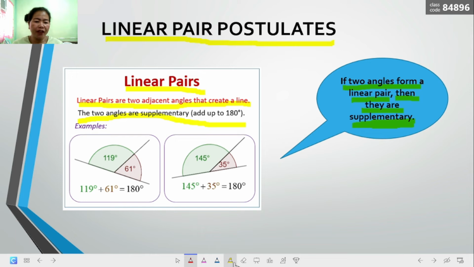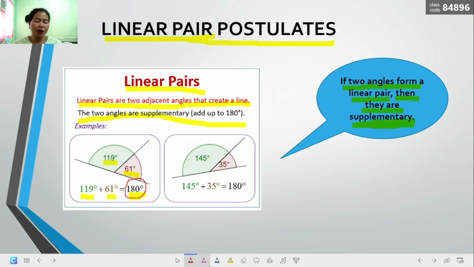Okay, so I have here two examples. One is 119 degrees and the adjacent angle is 61 degrees. So if you add 119 plus 61 degrees, that is equal to 180 degrees. So therefore, the two angles are considered to be a linear pair because they give the total of 180 degrees, which is the measure of a supplementary angle.